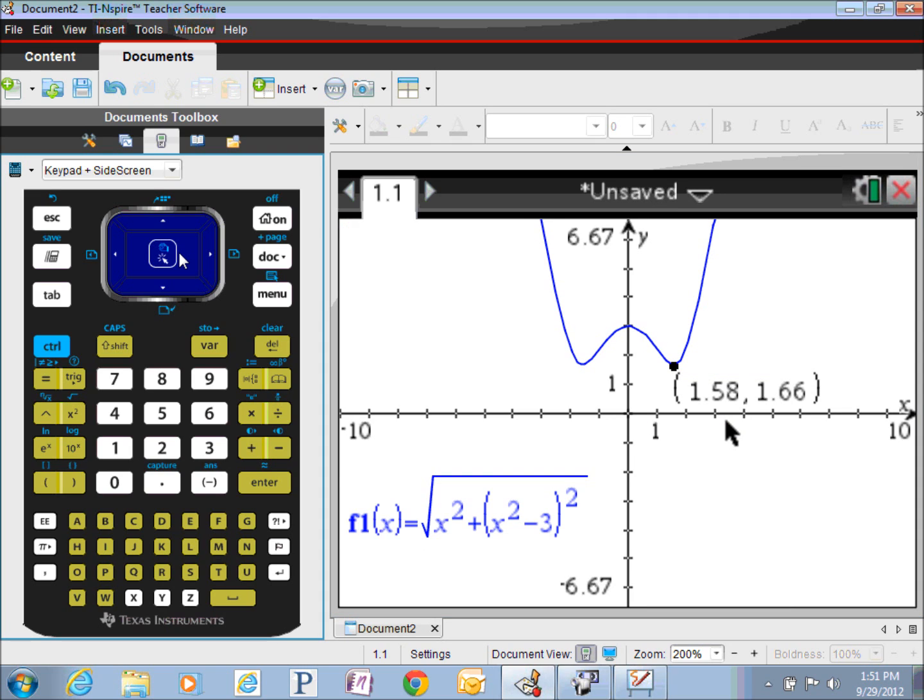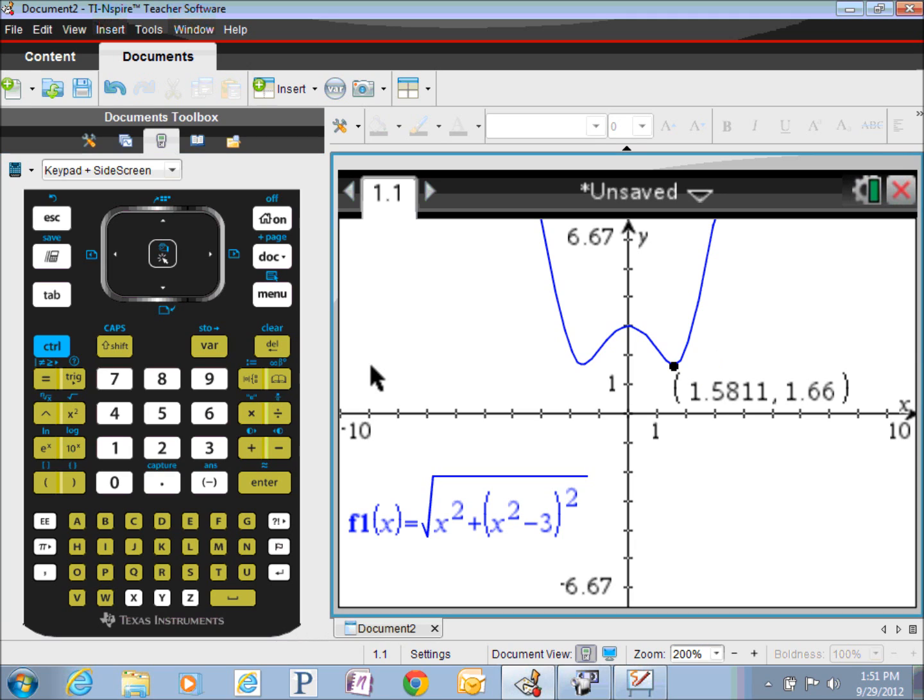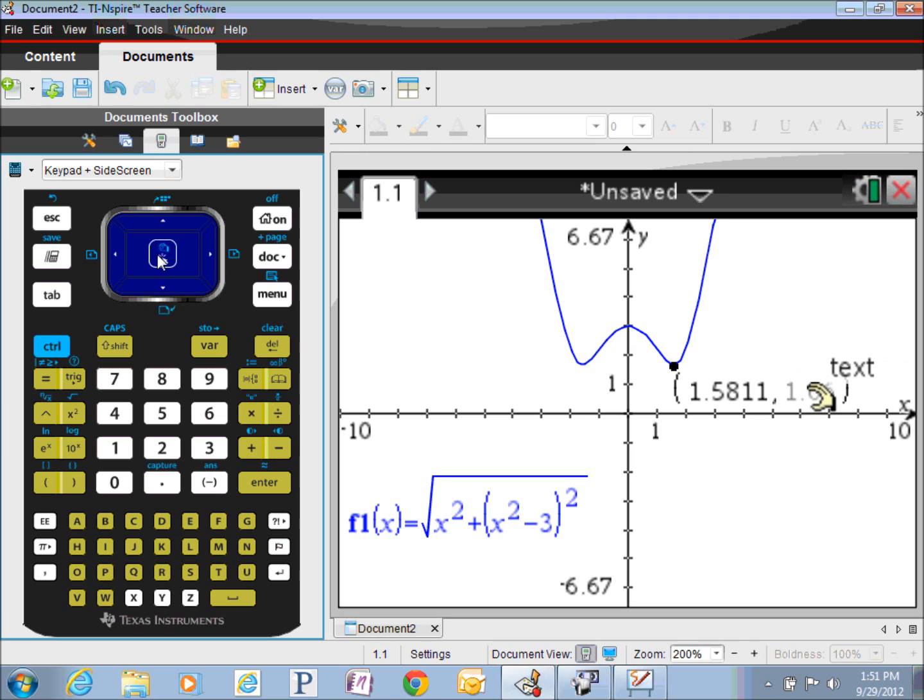I'm going to have a minimum at 1.58, and let's move this cursor over the top of that and hit the plus button a couple times. It looks like I'll have a minimum at 1.581 for the x-coordinate, and we should mouse over this and maybe get an extra coordinate or two. There would be the coordinates of my minimum value.